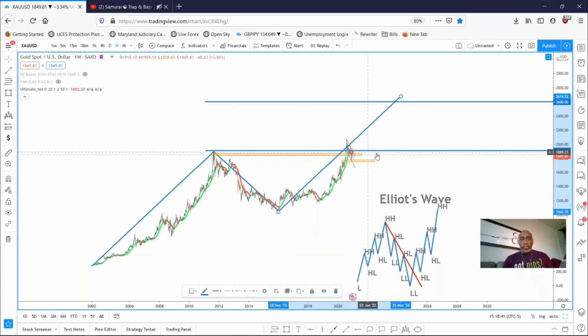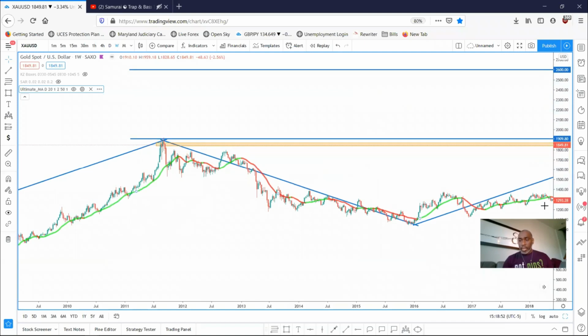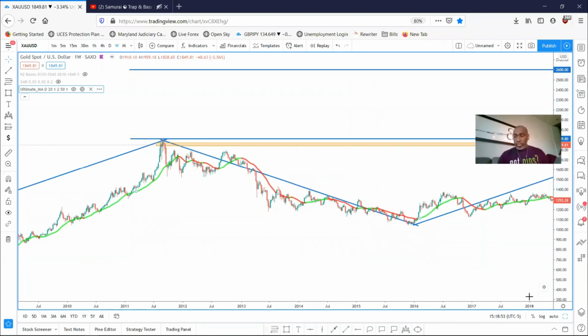Now, right now, you can see we're in a nice little area where there's a zone. Like I said, this is on a weekly time frame. So what I'm going to do is blow everything up so you guys can see it really clear.